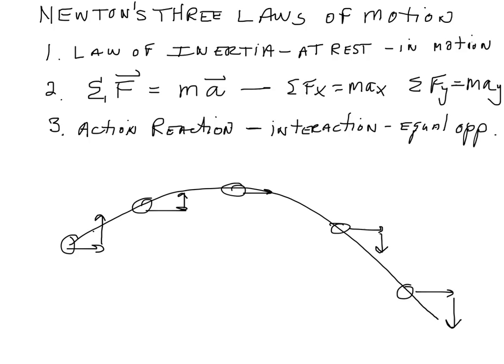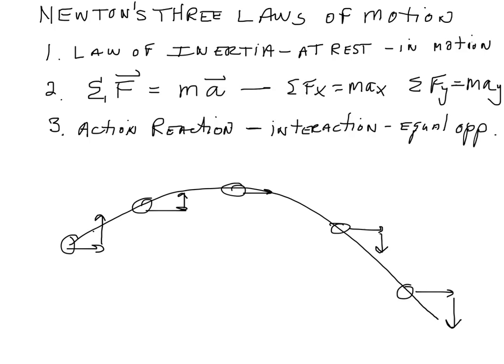In other words, the tendency of an object to not change velocity, its inertia, is measured by its mass. So these are really synonymous, or a better way of saying it might be that the mass is the measure of an object's inertia.